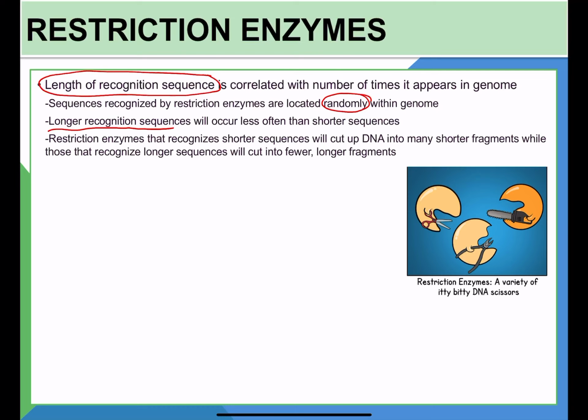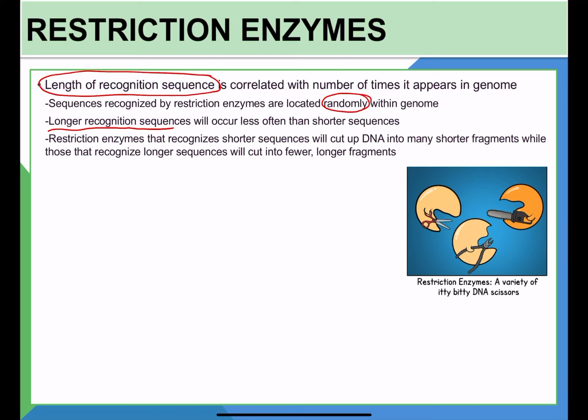It's harder to find a restriction site that has 10 base pairs perfectly matching versus a restriction site that has maybe just 3 or 4 base pairs long. We can easily locate those somewhere along the 3 billion base pairs and cut them. Whenever they are able to see that cut site, they'll cut it. Okay, and then more cut sites equals more fragments. So that's why a shorter restriction site will give you more DNA fragments.